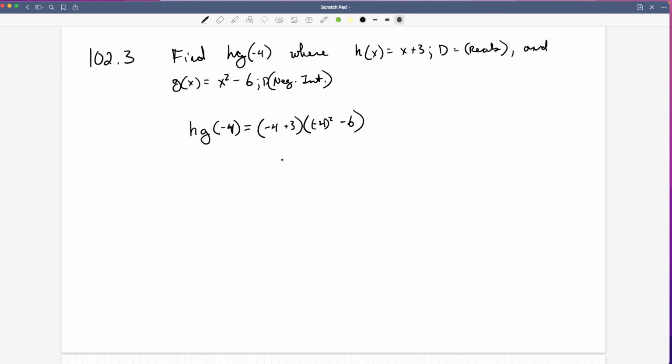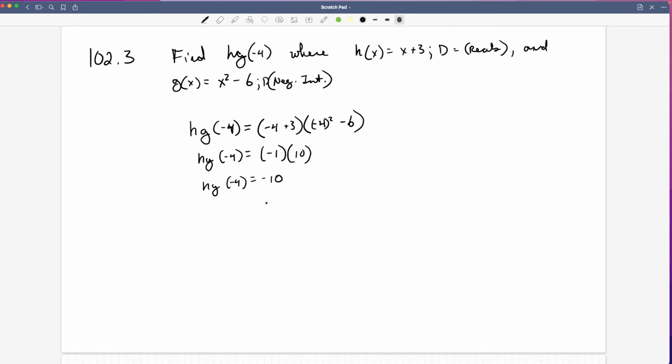So we can solve it like that pretty easily. h of negative 4 is equal to negative 1, and negative 4 times negative 4 is going to be 16 minus 6, that would be 10. So hg of negative 4 is equal to negative 10. So that gives us an answer that falls within both domains.